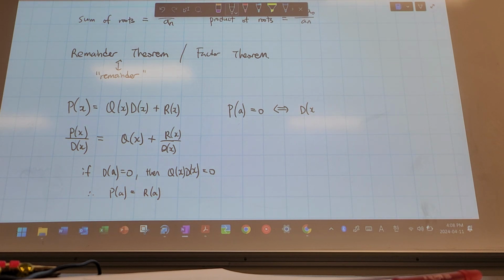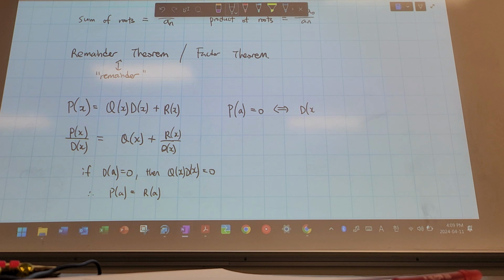If d of a is 0. So if you divide by 2x plus 4 and your a is negative 2, then it will be 0. It makes sense because you're dividing by a function, not just one number.